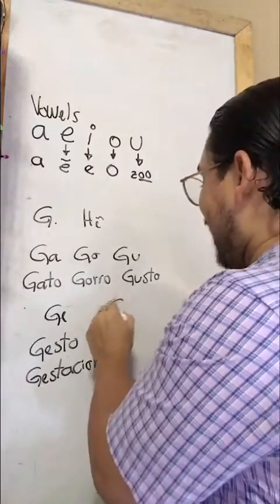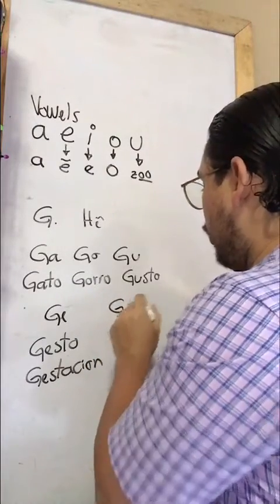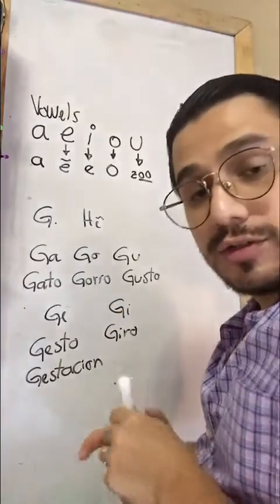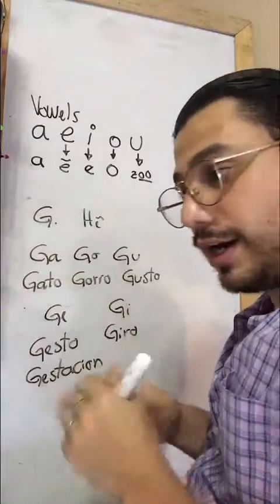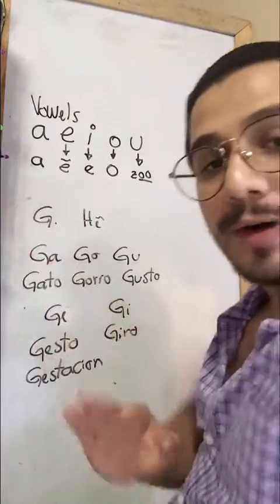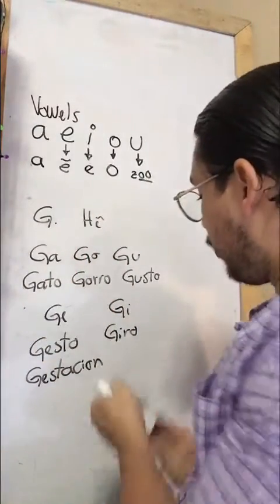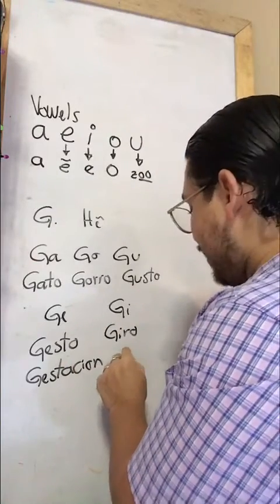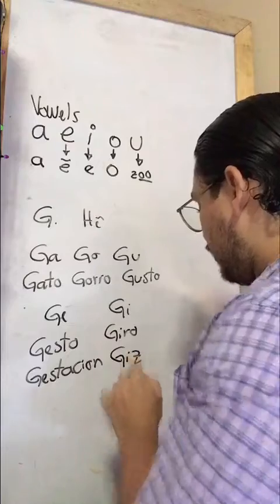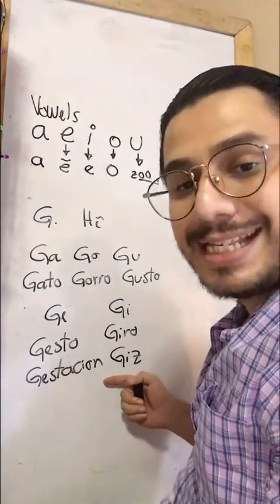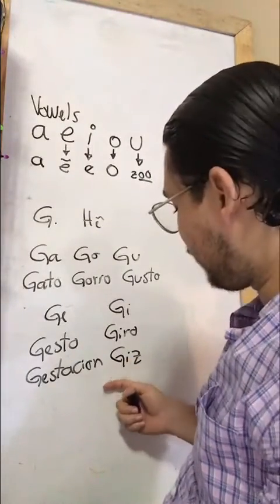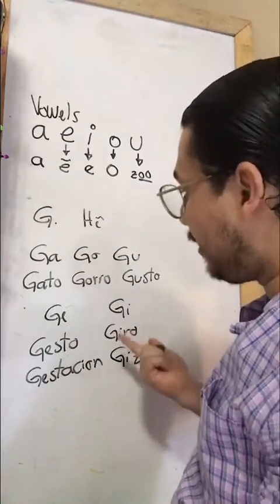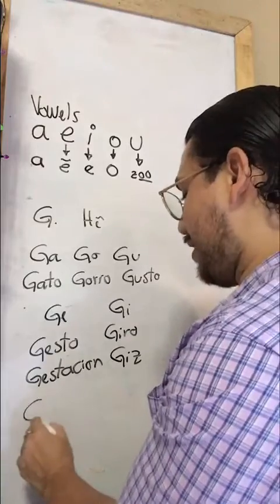Or giro, a turn. So do you take a turn with your car? Hago un giro. Or Gis. We don't call it that, we call it tiza, but it's the proper name of the child. But also, as I told you, we have gue and gui.